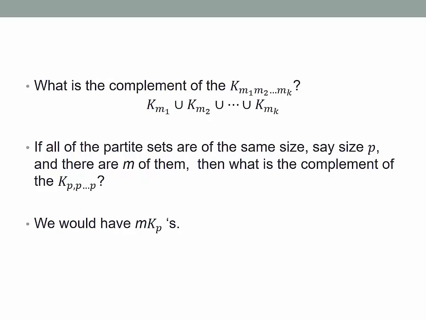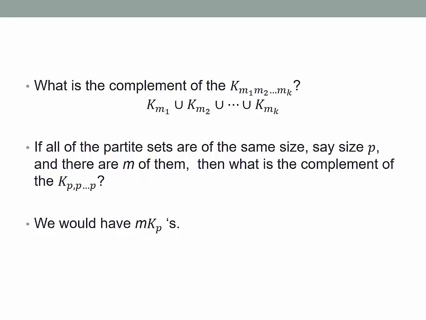What is the complement of the complete multipartite graph with K partite sets? Each of the partite sets, recall, has no edges. So the graph induced by each of the individual sets in the partition would now be complete.